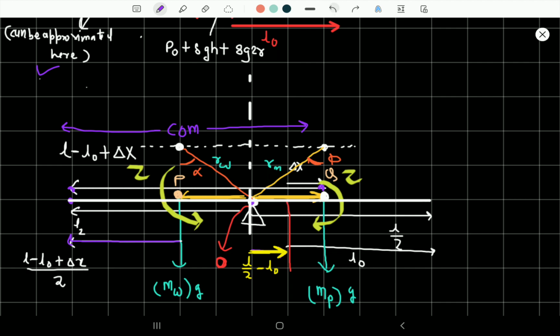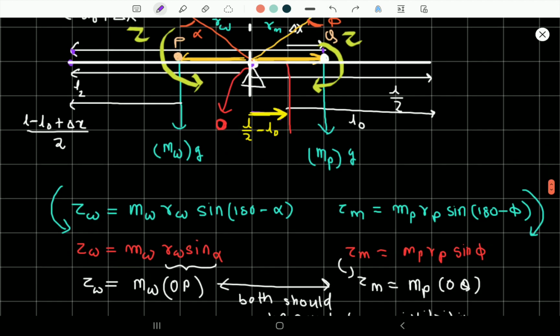So I have written it here. The total length has been written, and half of that is (L minus L naught plus delta x) by 2. I have written that, and now we would equate the torque.